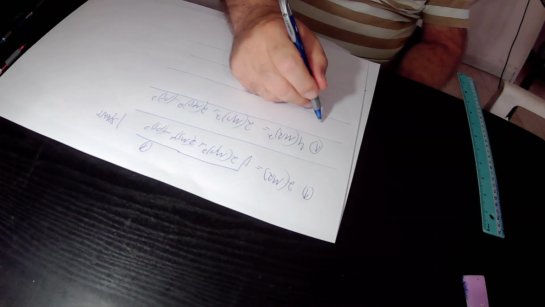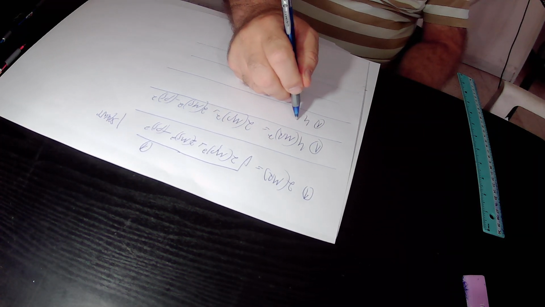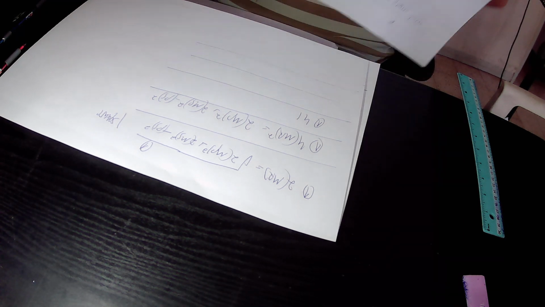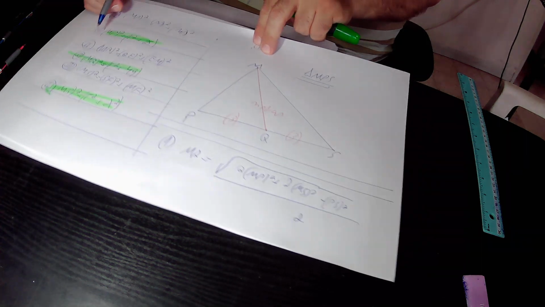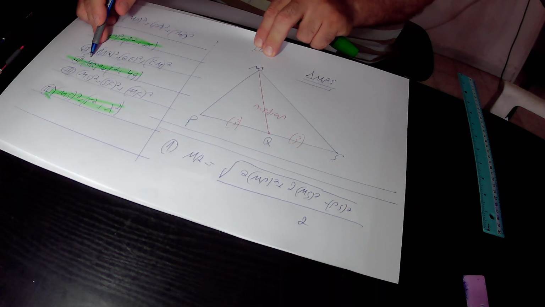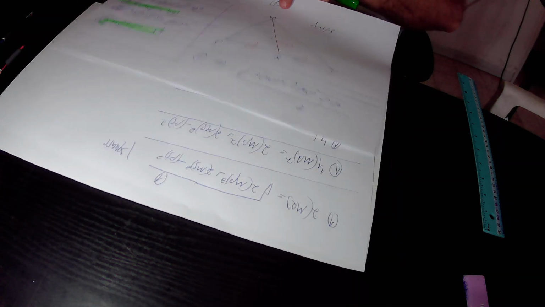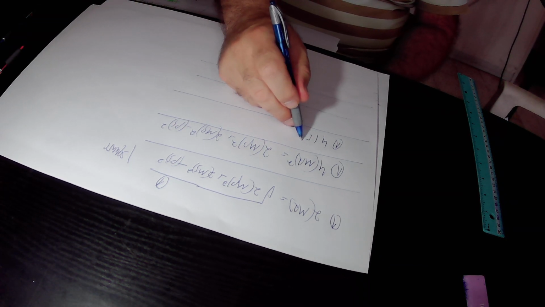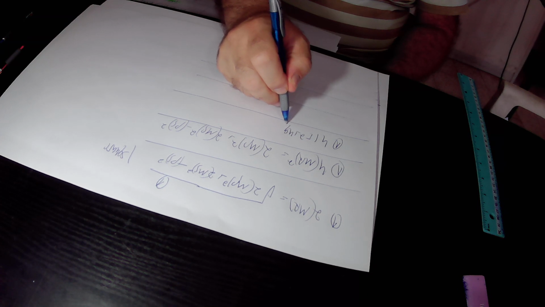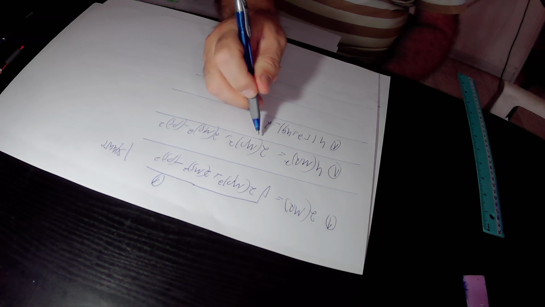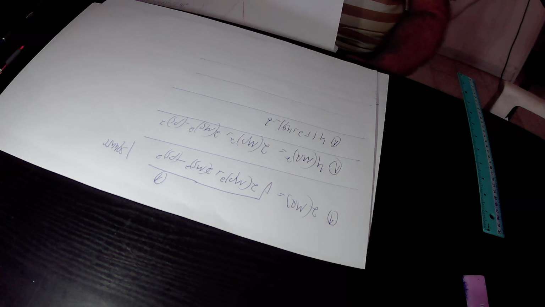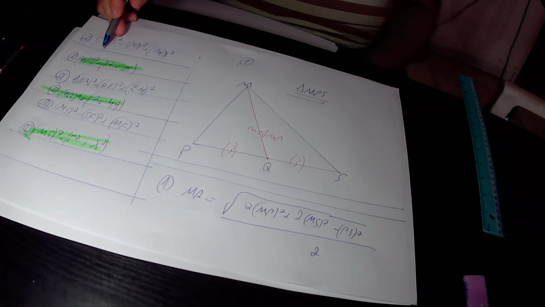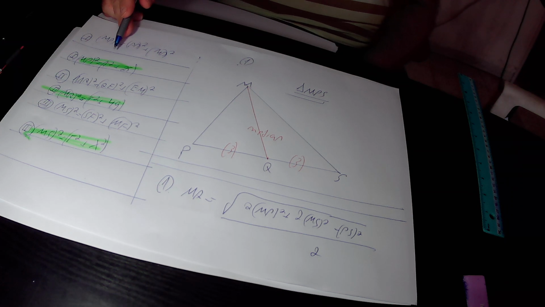So according to equation 1, 4 times MQ squared, according to this equation 2, MQ squared equals r squared plus 49. Therefore, we substitute MQ squared here by r squared plus 49, and it is equal to 2 times MP squared. According to equation 1, MP squared equals r squared plus 25.